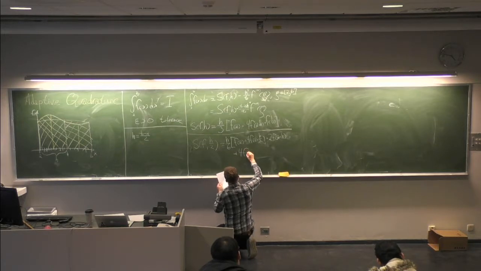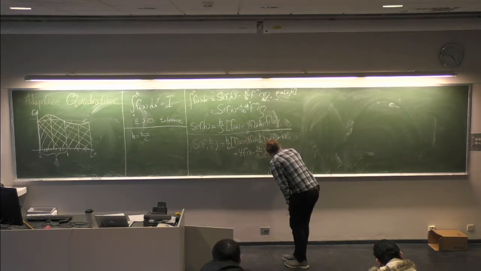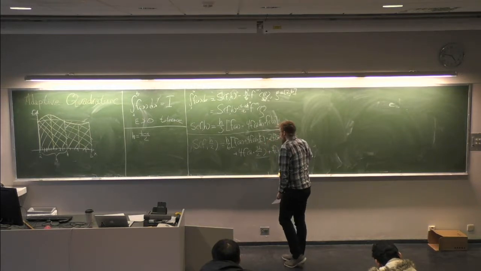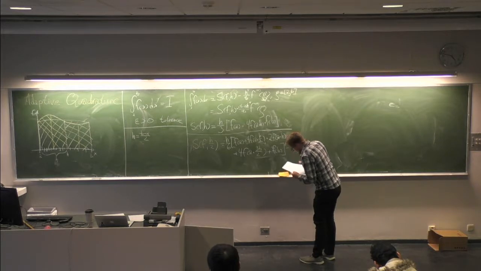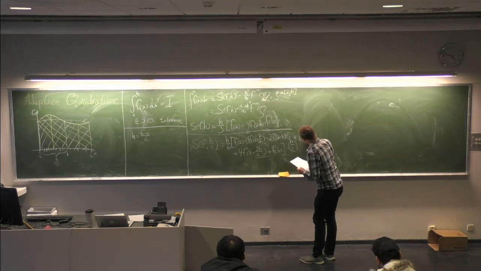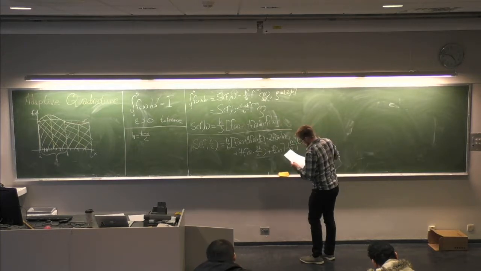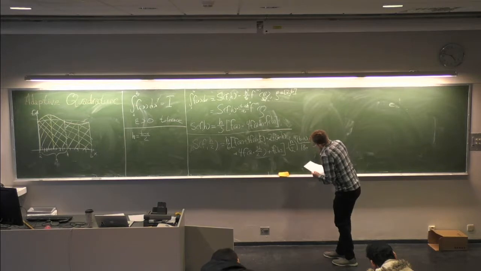Or f plus h 2 plus b. And then the error for this one is going to be h^2 over 90, it's 2 now, and f4.